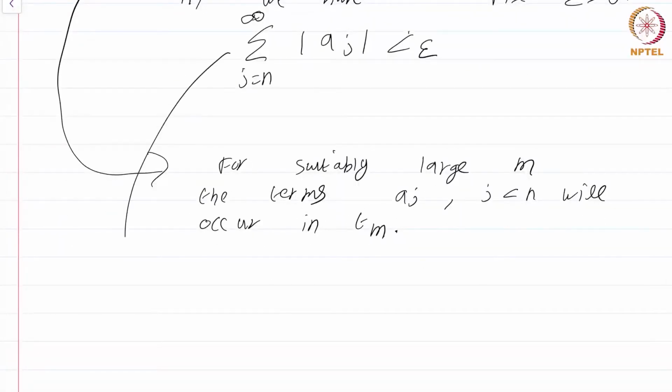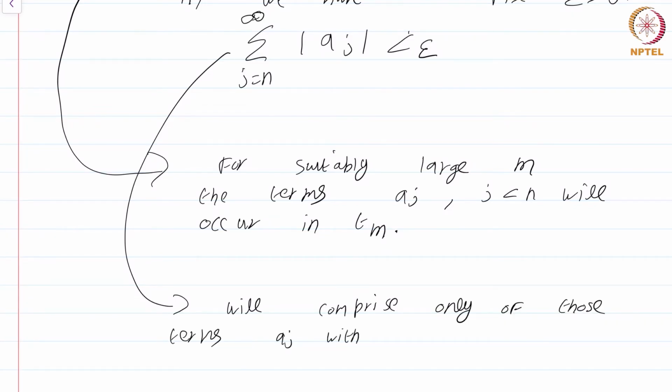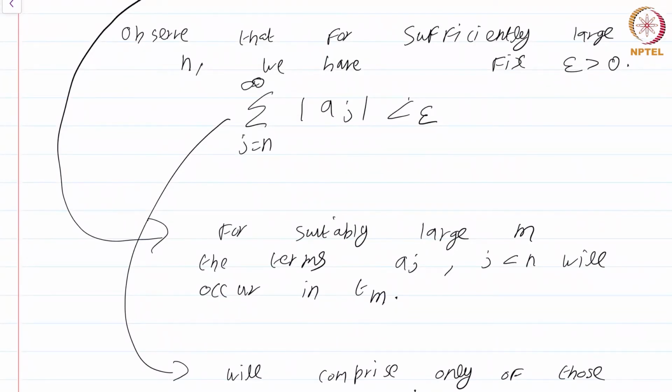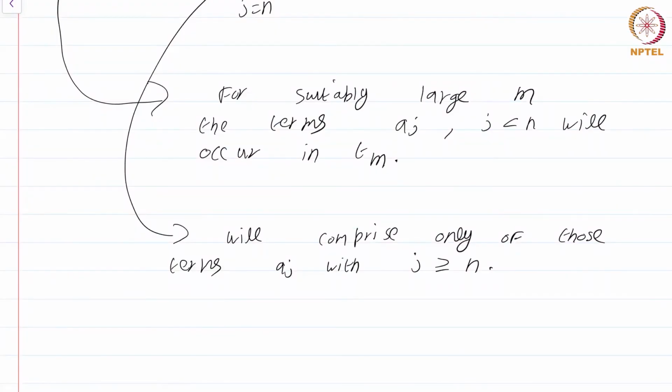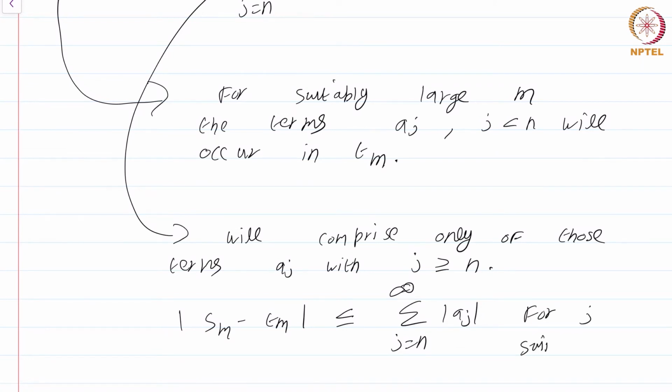Now this sum will comprise only of those terms Aj with j greater than or equal to n, right? Because the first n terms will get cancelled. So what we get is mod Sm minus Tm is less than or equal to summation j equals n to infinity mod Aj, for m suitably large.